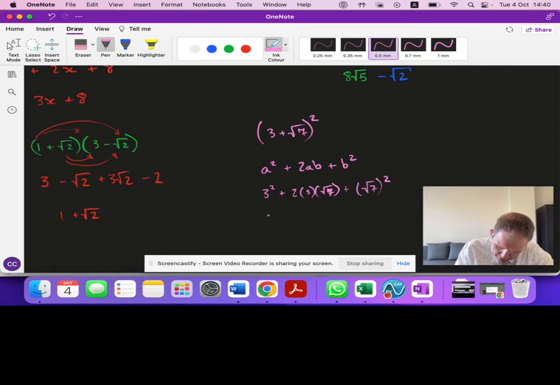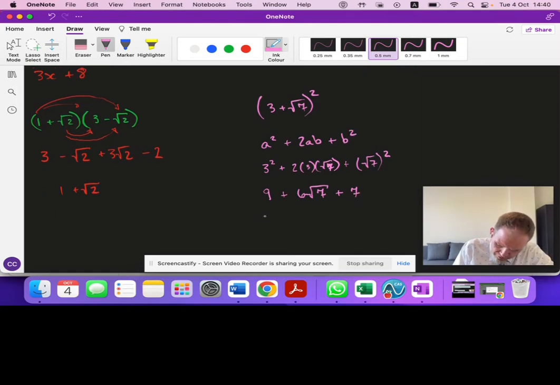Simplifying that out, I would get 9 plus 6 square roots of 7 plus, well, if I square a square root, I'm multiplying it by itself, so I just get rid of the square root symbol. This is just going to turn into 7. Further finishing this, I would end up with 16 plus 6 square roots of 7. C'est la vie, we've done it.